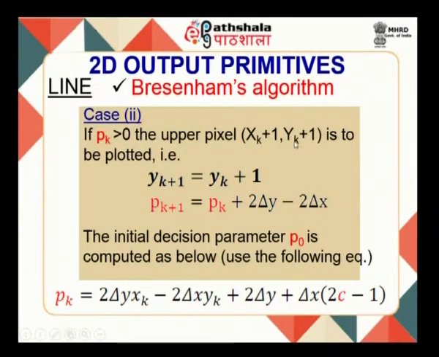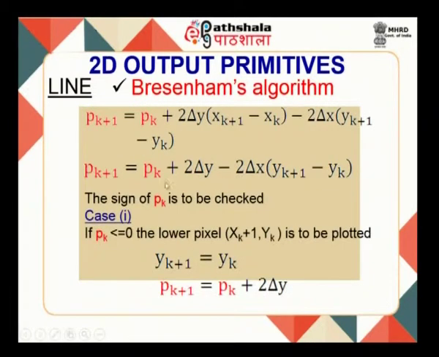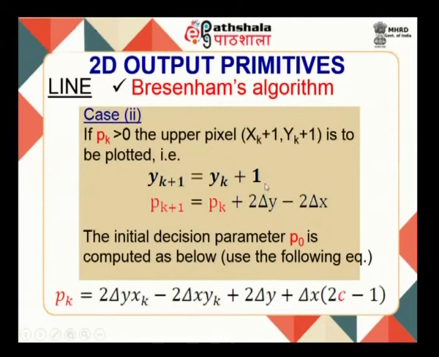If you compute the next decision parameter, replacing yk plus 1 in this equation, and solve it, what you get is pk plus 1 is equal to pk plus 2 delta y minus 2 delta x.